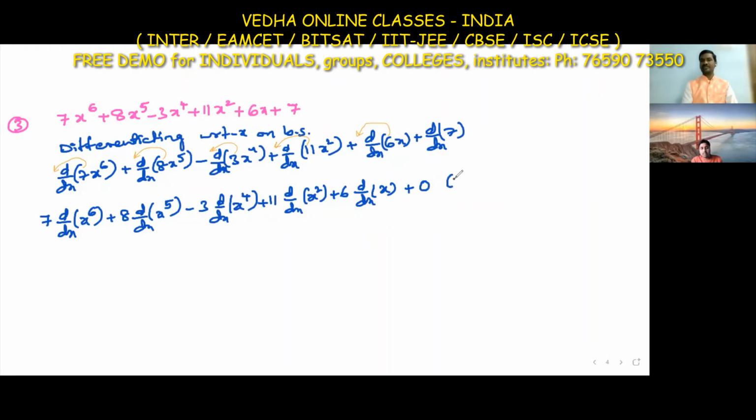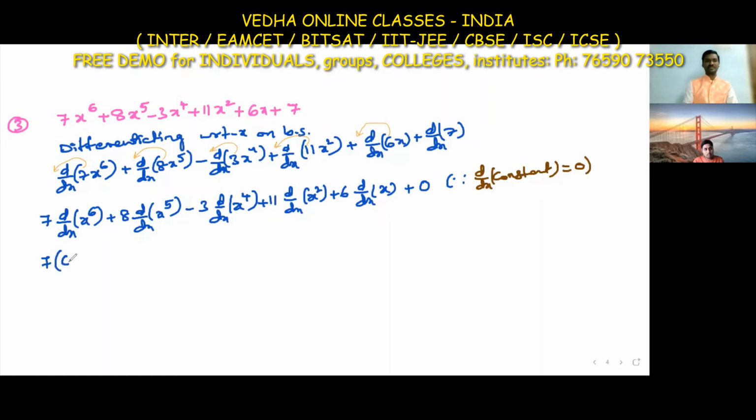The derivative of a constant is 0. So here the formula we use is d by dx of a constant is equal to 0. Now here 7 is a coefficient, writing outside x^6.